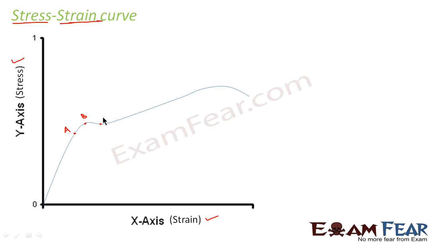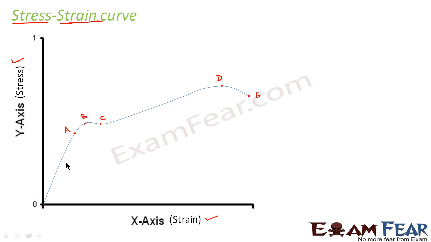Let us say this point is C. From C till this point, it is again kind of a straight line. Let us say this point is D. And from D till the end point, it is again a decreasing curve. So these are the five types of curves which we see in the single graph.